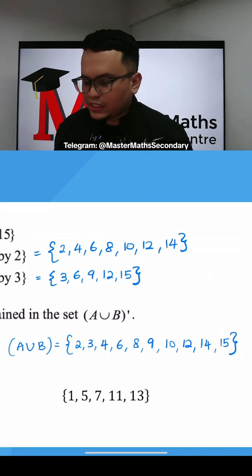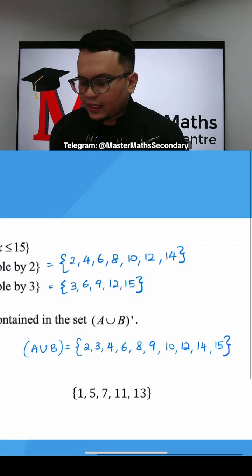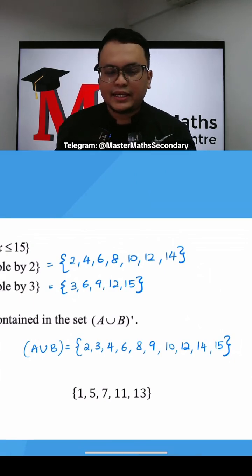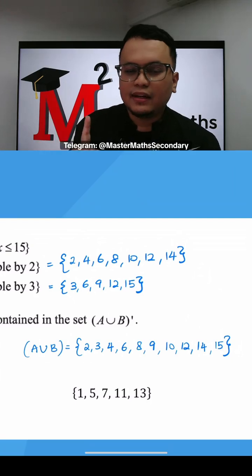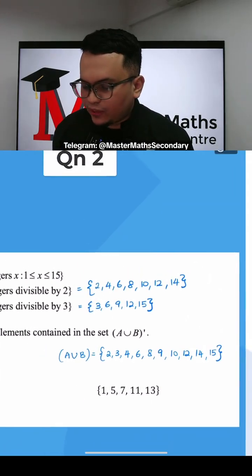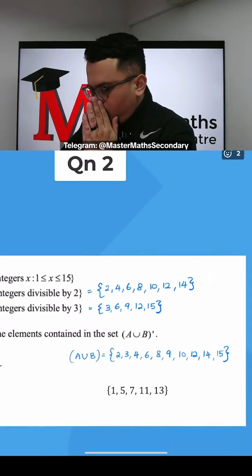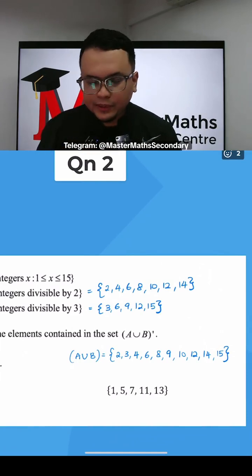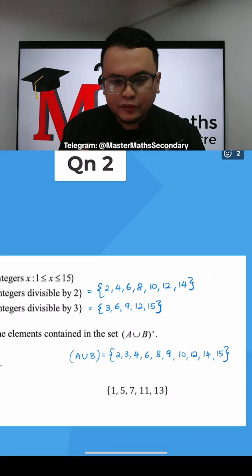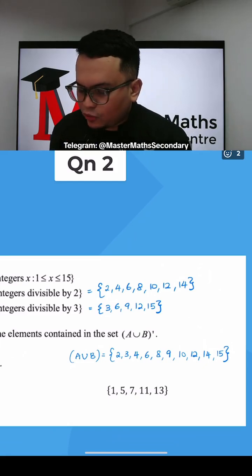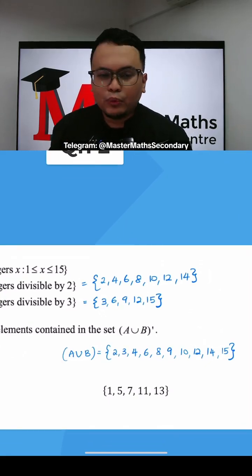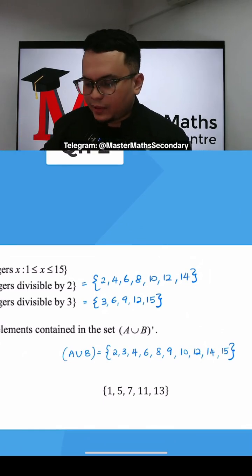Then when they ask for the complement, we are looking at elements that are not inside this set. If you look at numbers 1 to 15, those elements that are not inside A union B, we write them down in this complementary set.